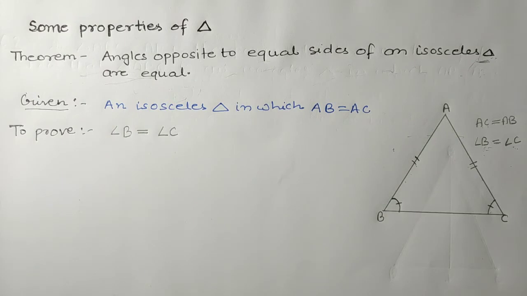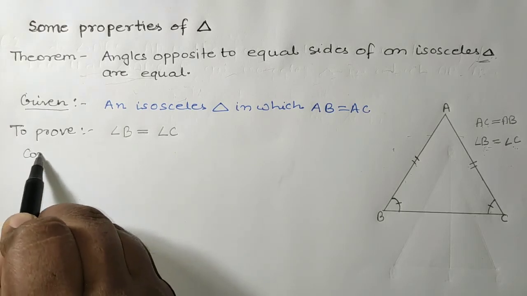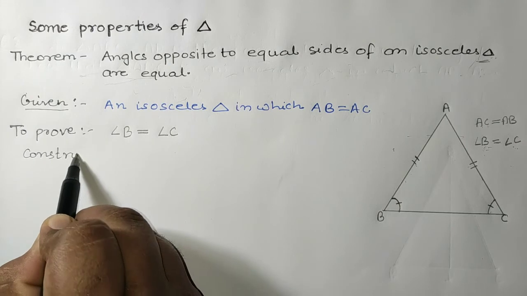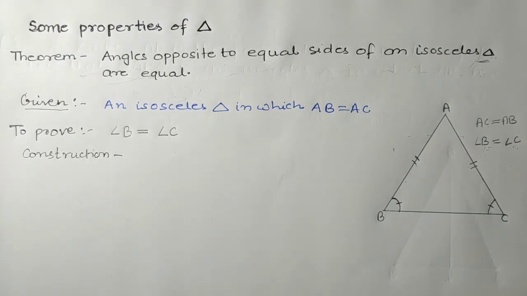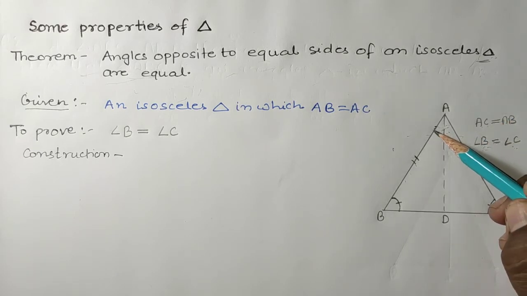Now students, to prove this we have to do some construction. What construction will we do? We have to draw the bisector of angle A. What is the meaning of the bisector of angle A?